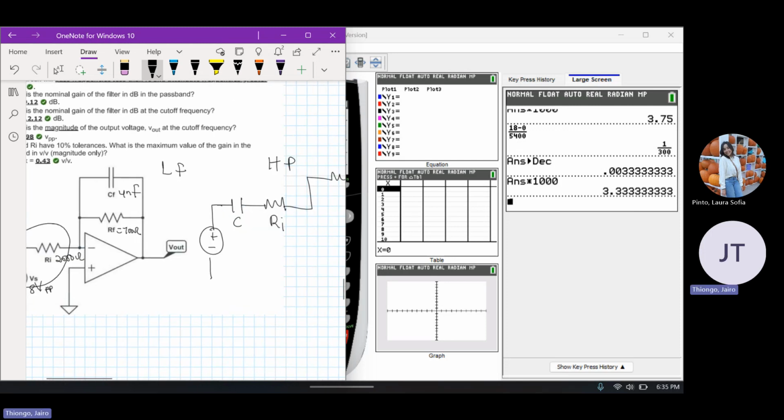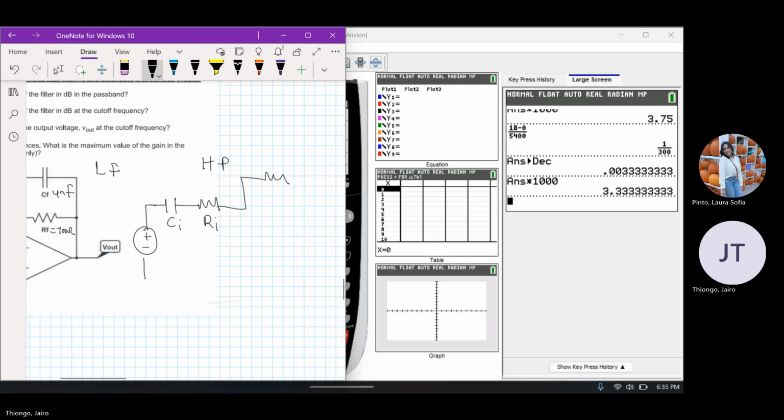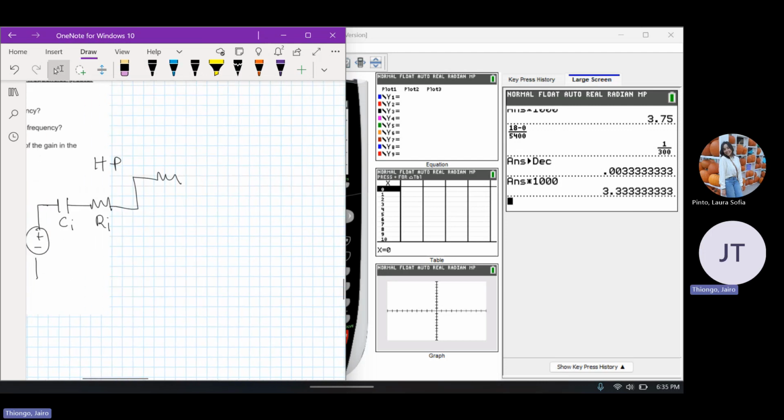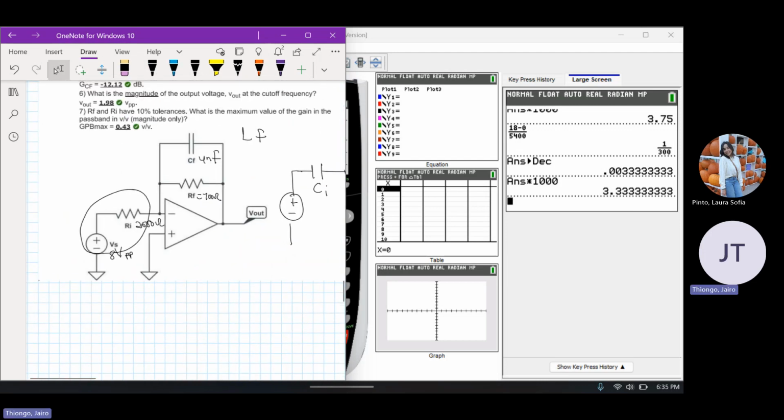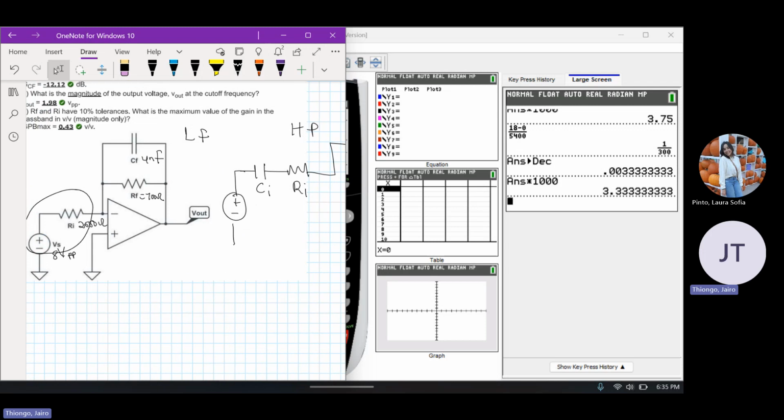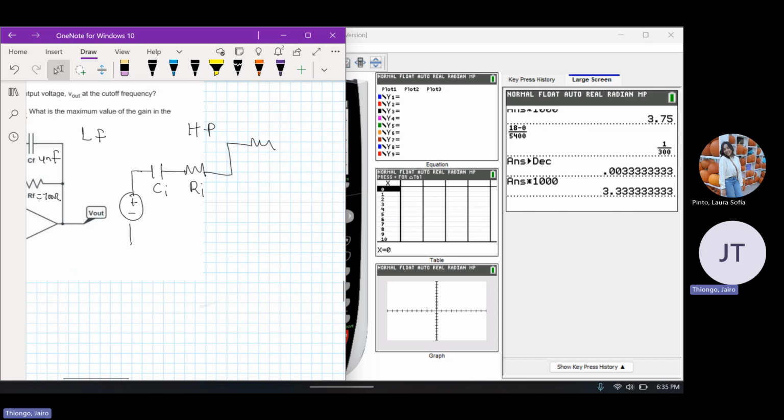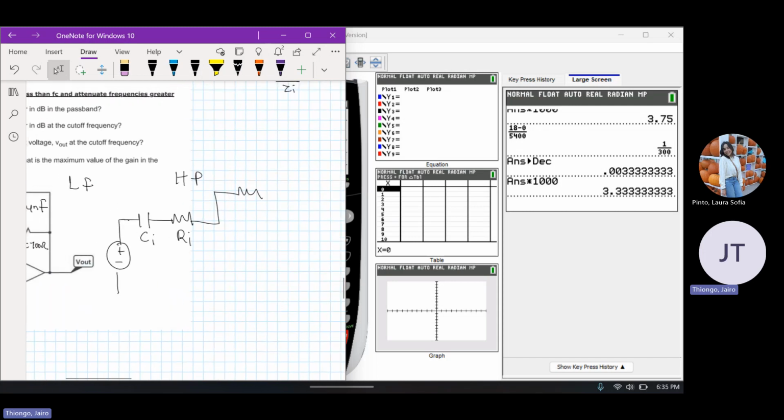This is the capacitor input. A high pass allows signals that are higher than the cutoff frequency to go through, CF standing for cutoff frequency.